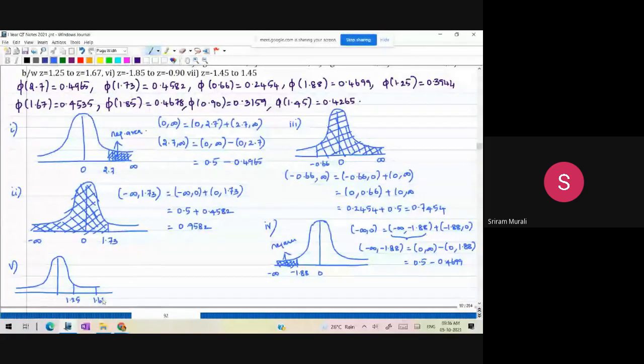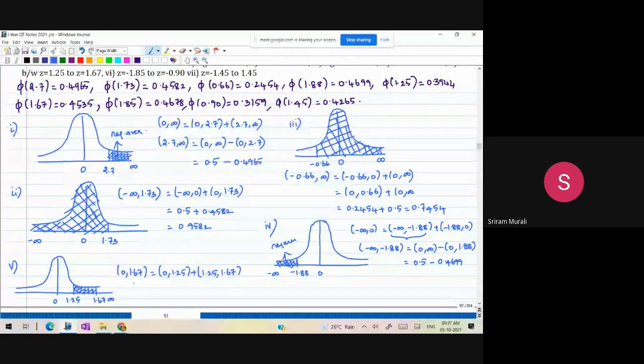So this is the required area. How do we do this? What is the right hand side? I take 0 to 1.67. That's the right hand side total. I split it into two areas, 0 to 1.25 plus 1.25 to 1.67. So this is my required area.